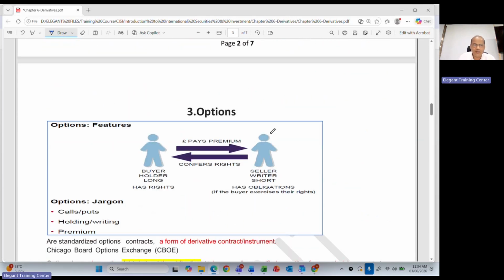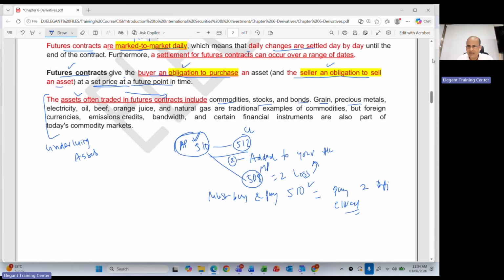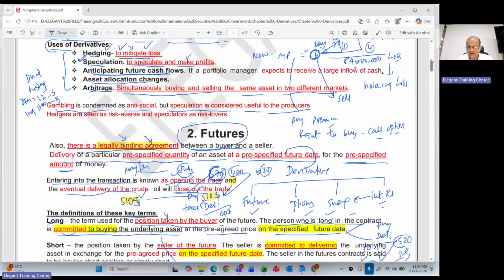Next, we'll talk about options, right? So, an option is another derivative. As I mentioned earlier, derivatives can be futures, options and swaps. So, futures are over. Remember, a future is an obligation.